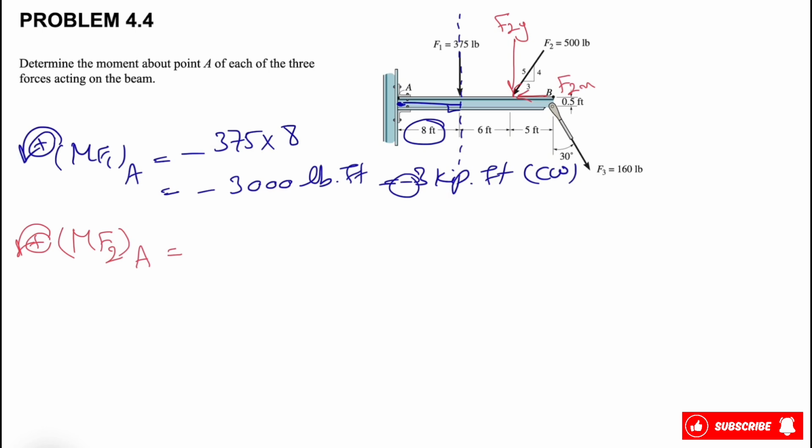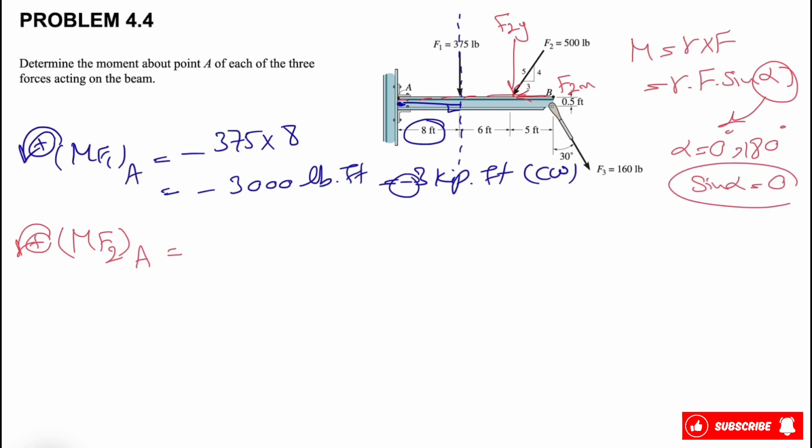We see that F2x won't make any moment, since R and F are along one line, so the sine of that angle, which is 180, will be 0. For finding the moment, we know we have R cross F, or R times F times sine of alpha. If alpha is 0 or 180, the sine will be 0. That's why F2x won't make any moment.